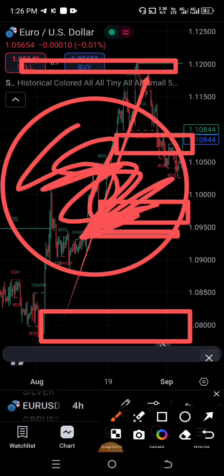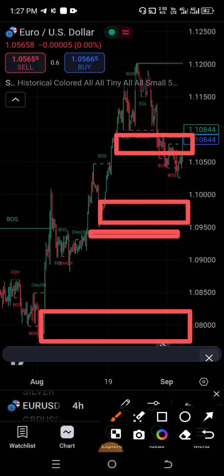You are not concerned. So if you want to draw your order block, you must draw your order block from where the major move starts, your swing low, or your swing high if it is a bearish market. Now, if you want to sell in this same market, where you will mark your order block from will be somewhere at the top here.